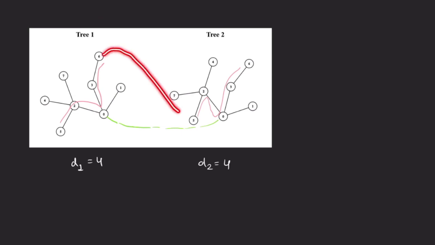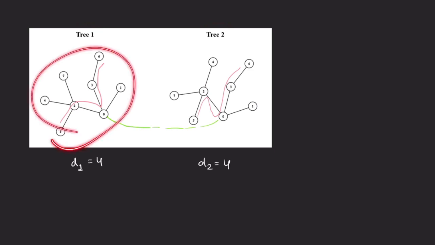When we connected node 6 with node 5, we got a diameter of 9. But now we have got a diameter of 5. Why? Because from the longest path, when we took the mid node from both the trees, we reduced the diameter of each of the trees individually by 2. Earlier the diameter was 4, this was the longest path.